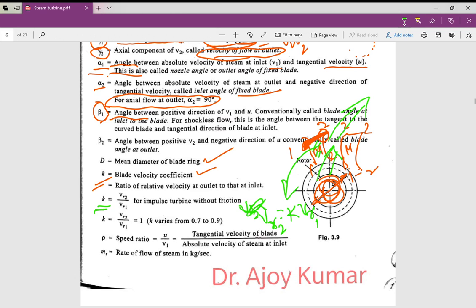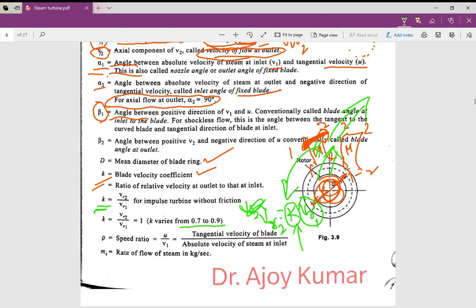With relative velocity, steam enters between two consecutive blades at inlet section 1 with this VR1, and since friction comes into the picture between the blades, VR2 is less. The value of K practically lies between 0.7 and 0.9.